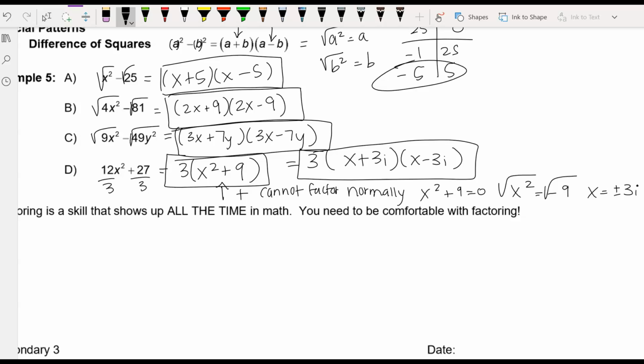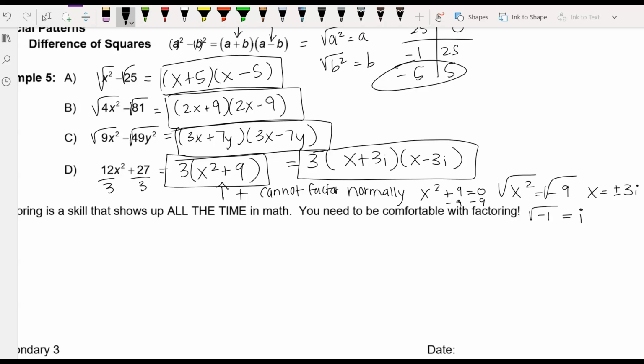Then you take the square root of both sides after subtracting that 9 from both sides. And whenever you square root a negative number, remember square root of a negative 1 is i. That's that imaginary number. So you end up with x equals plus or minus 3i. So that's where that x plus 3i and x minus 3i come from.